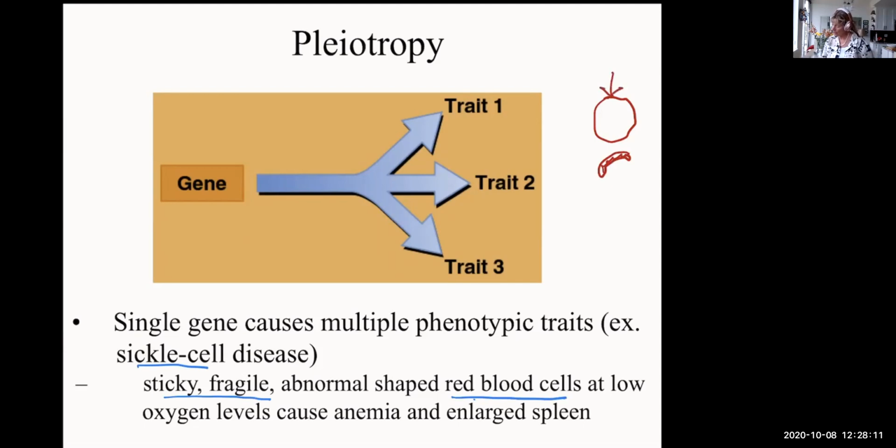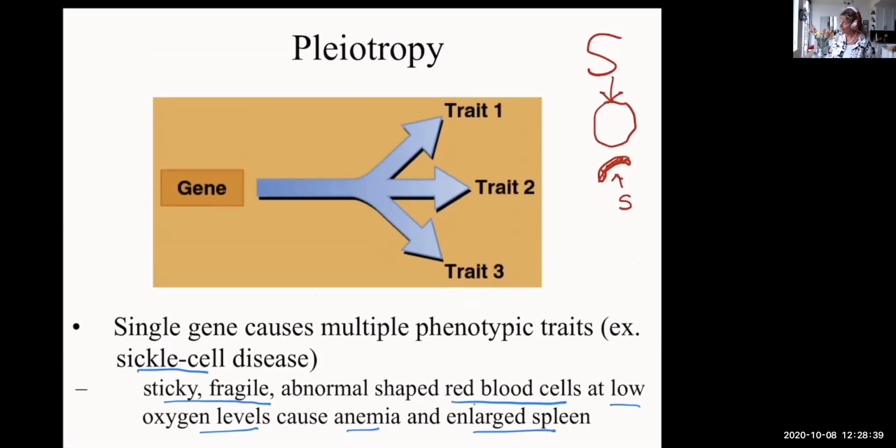Normal is capital S. Sickle cell is recessive. So the hemoglobin gets all bunched up and causes the cell to crenate. But it also causes other phenotypic traits like low oxygen levels, anemia, and an enlarged spleen.